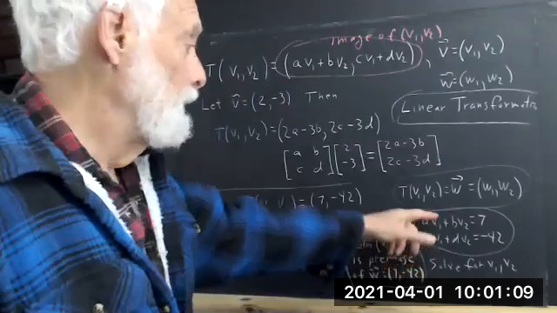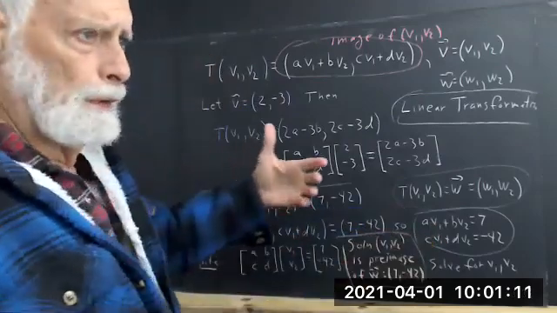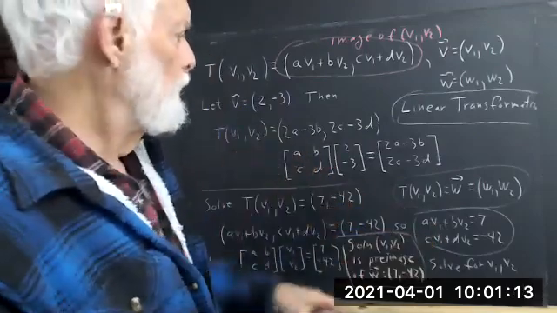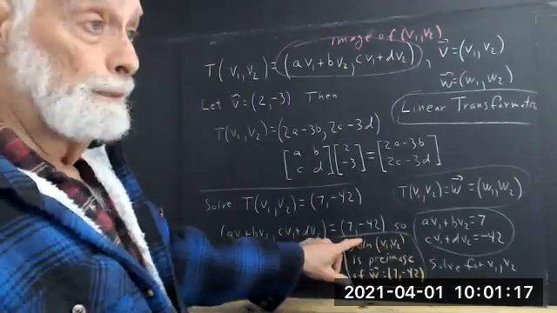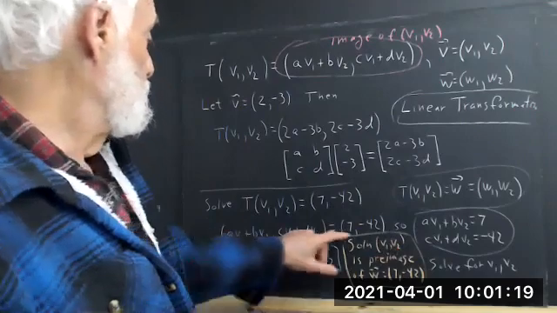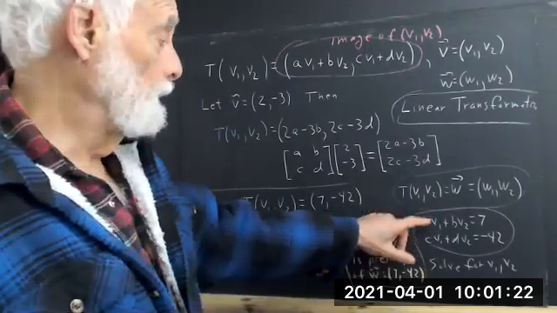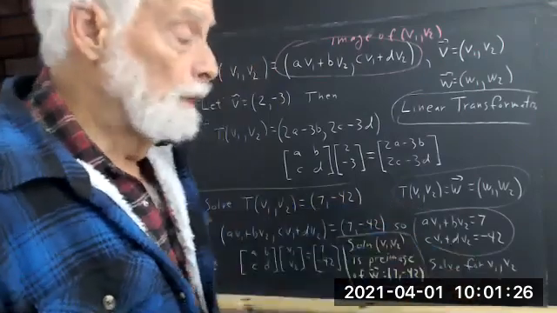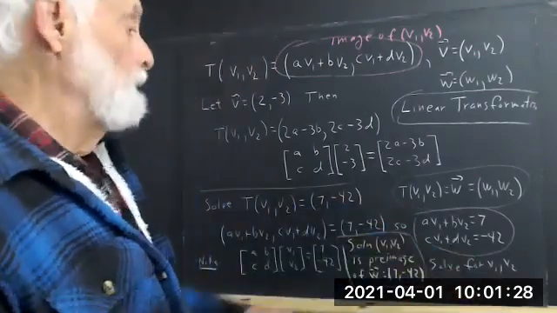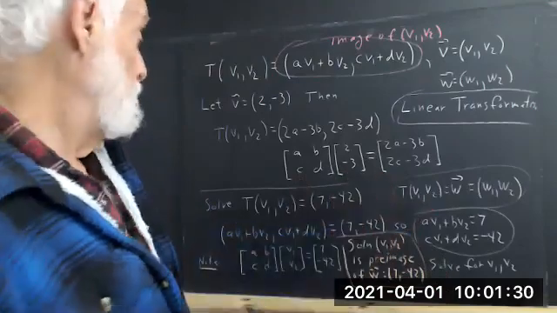We can reduce the process of finding the preimage to this equation, which means the first component equals the first, second component equals the second. We get two simultaneous equations. We can solve for v1, v2. Maybe we get a solution, maybe we don't.